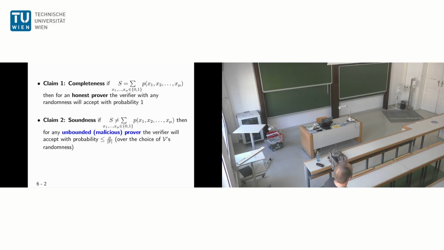Okay. So the verifier will accept with some probability. Over what am I referring to? Over which probability? The probability if you run this protocol, over all random choices of the verifier. It will turn out that there's only a negligible fraction of bad randomness choices the verifier could make.